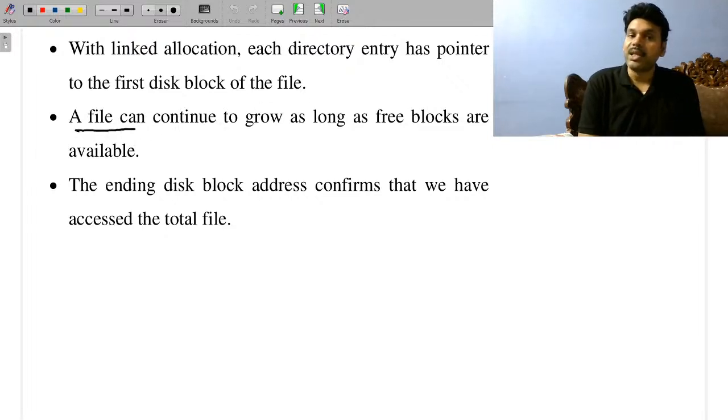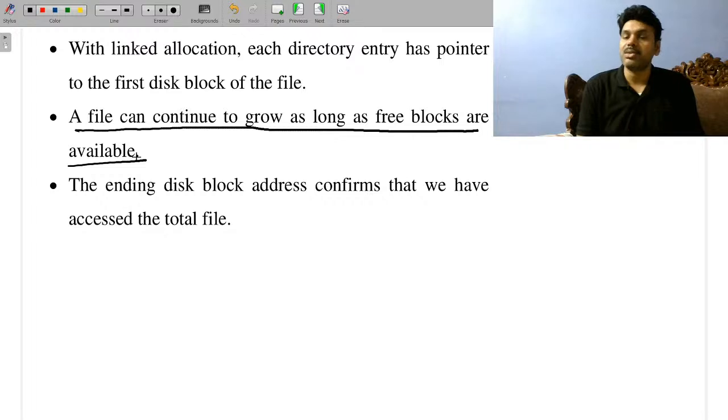So I can increase the file because it need not be in contiguous fashion. If a free block is available, the null pointer is removed immediately and linked to the other block, and the last block has the null pointer.